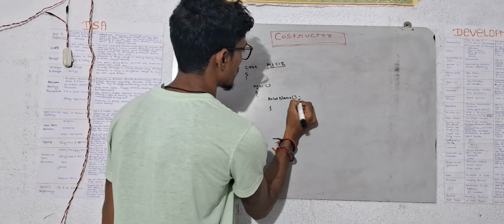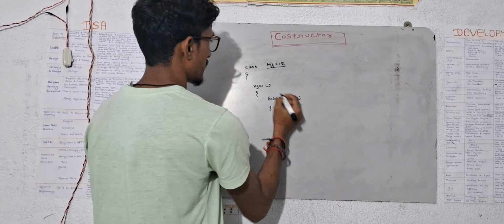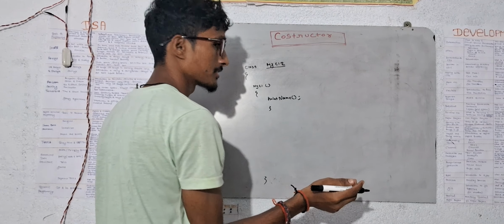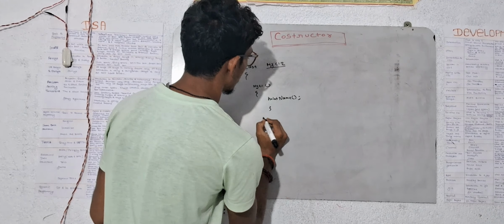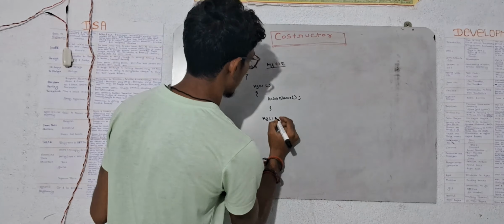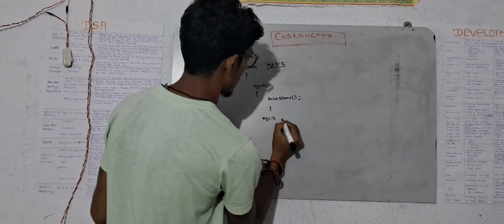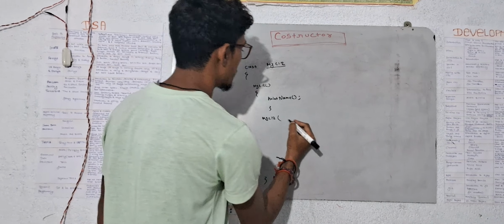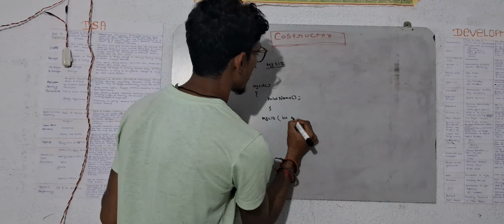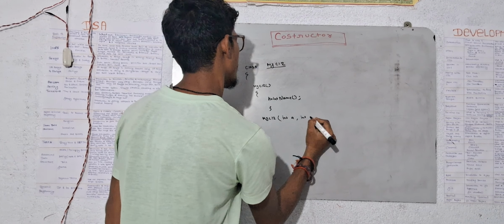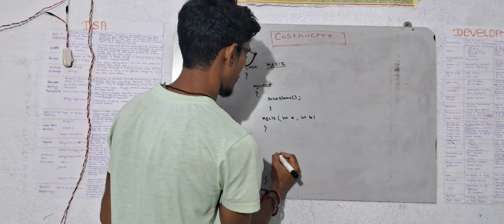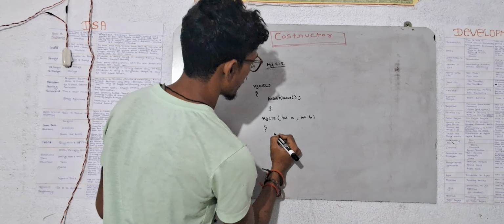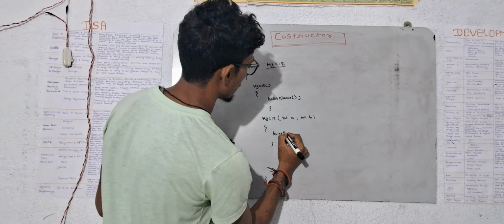This is a function, and now we will define one more constructor, a parameterized constructor. And here we will take some values in the form of parameters. So here we will take int a and int b, and after that we will call print sum, print sum.